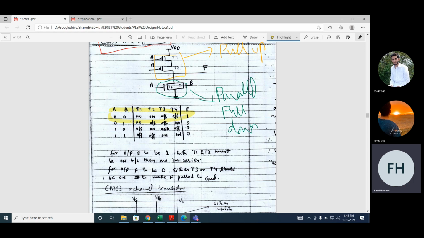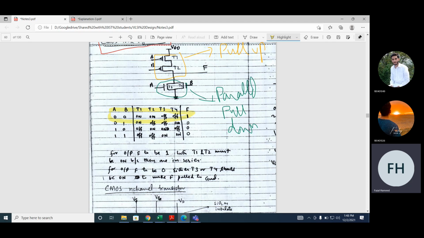If you want to implement an N-input NOR gate, how many transistors do we need in the pull-up network? Not just one, N transistors in the pull-up network and N transistors in the pull-down network. N transistors in series in the pull-up network and N transistors in parallel in the pull-down network. The pull-up network consists of PMOS.